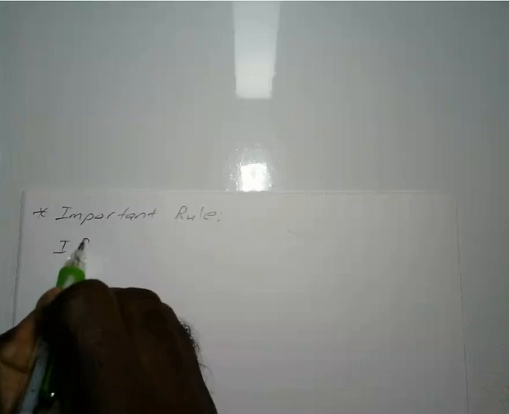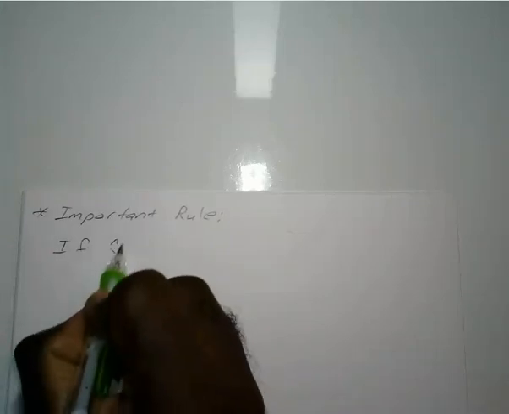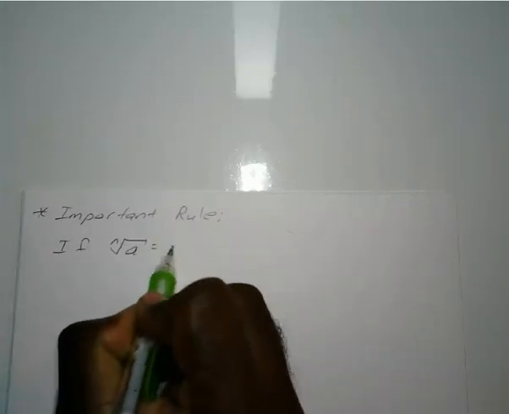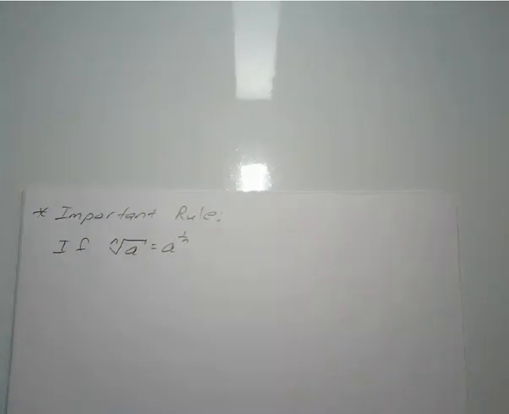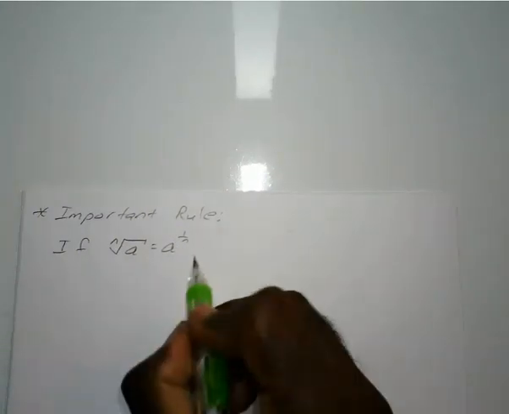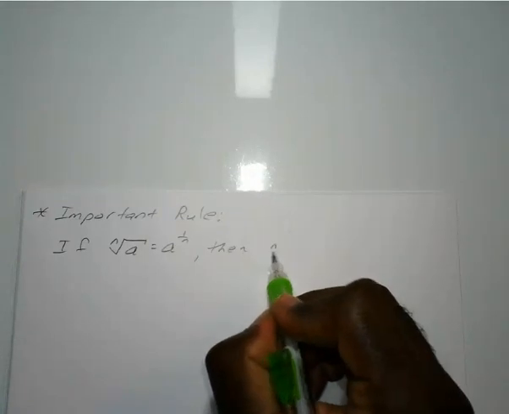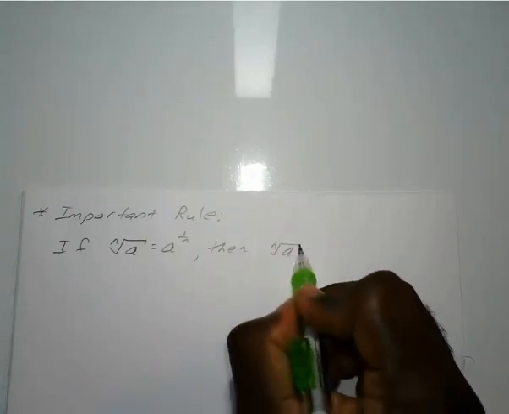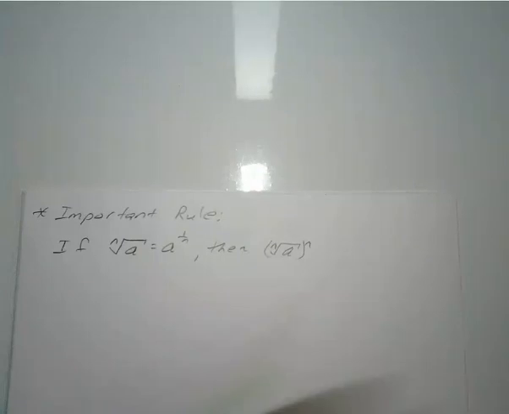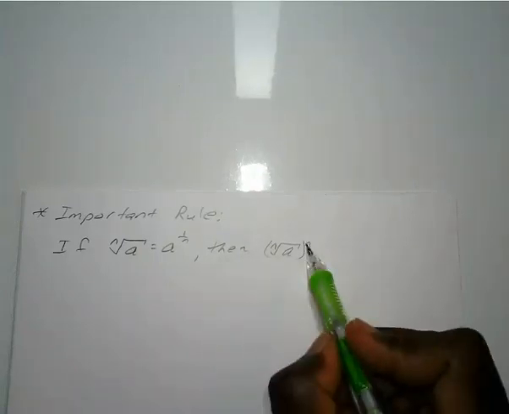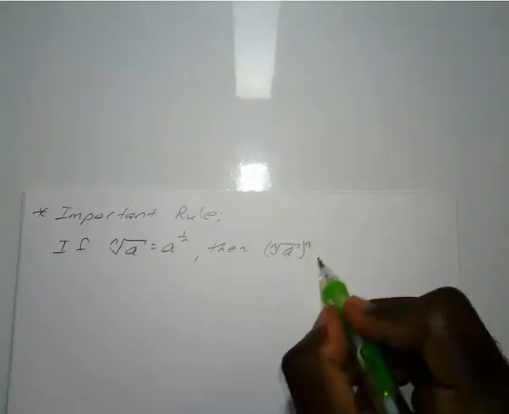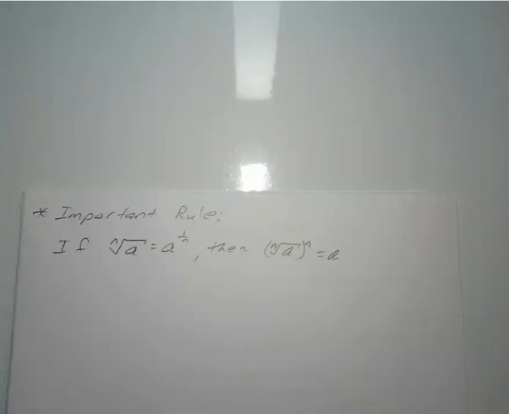If we know that the nth root of a is equal to a to the 1 over nth power, then the nth root of a, if you raise that to the nth power, those two will cancel each other out, which is equal to a.